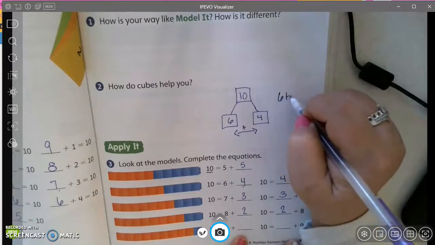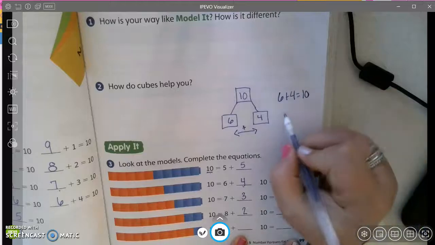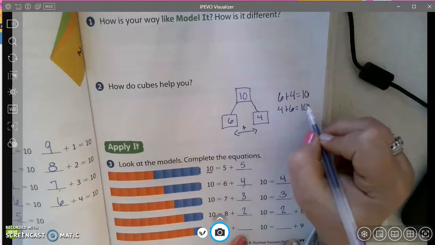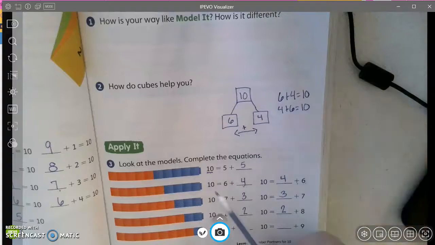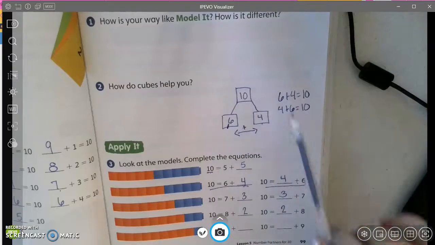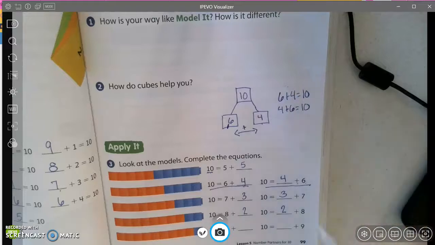So 6 plus 4 equals my whole number, and 4 plus 6 equals my whole number. Look, they're the same thing. So for our number bonds, the reverse addition facts is the 2 addition equations that we get from our number bond.